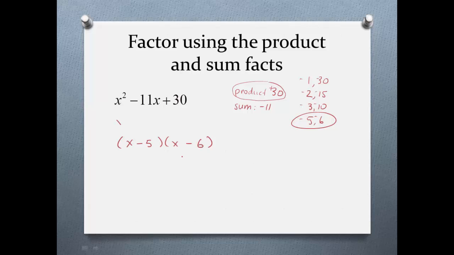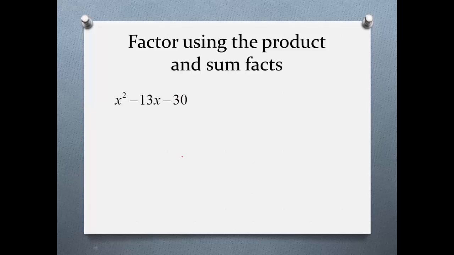And just to be clear, that also is how this would split into 4 terms as the intermediate step if I were going in this direction and multiplying. Again, here's the negative 5x and here's the negative 6x. So this is my factored form in this one.